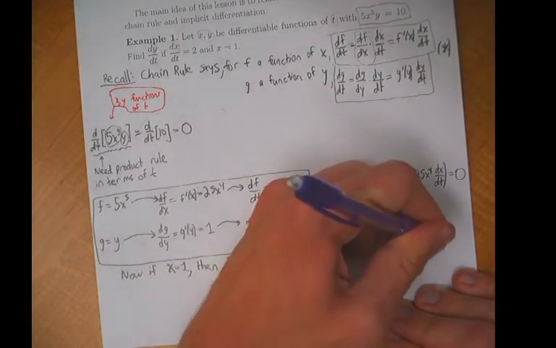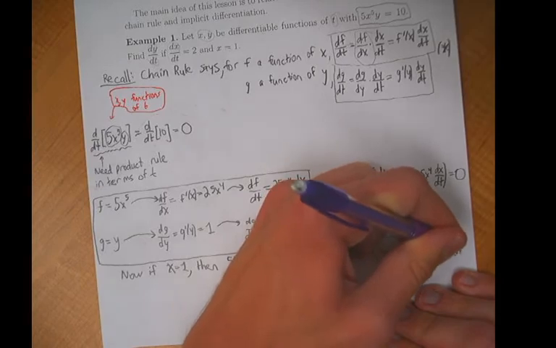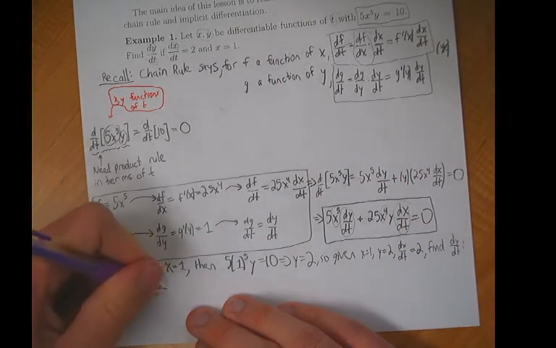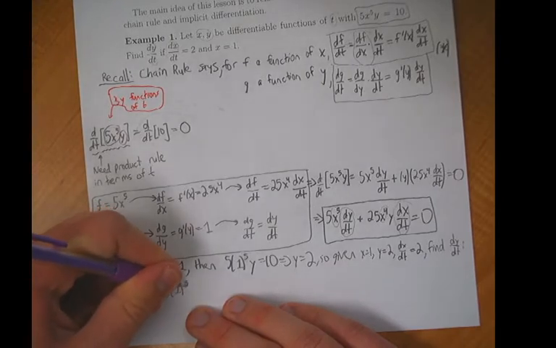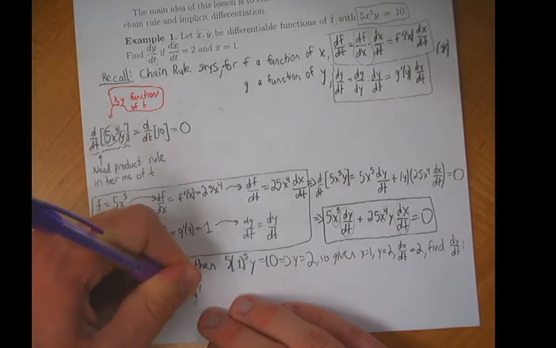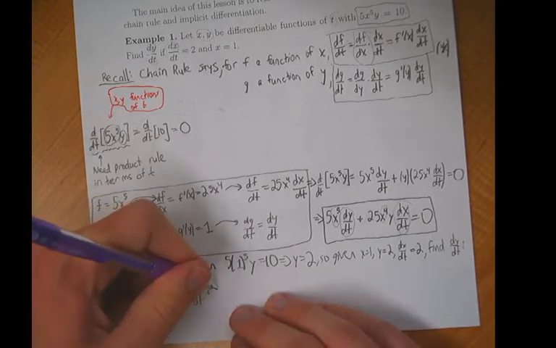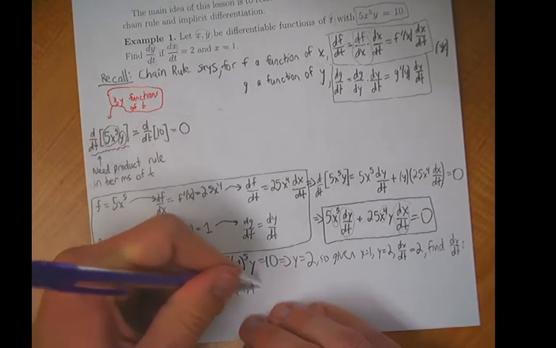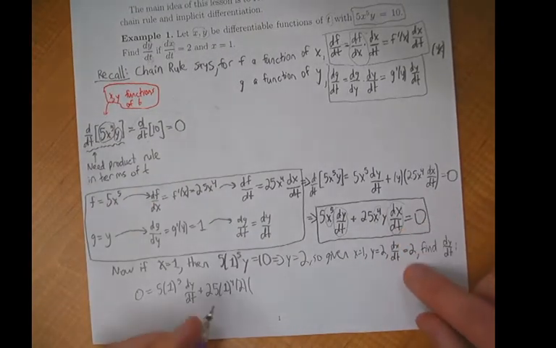So find dy over dt. So we have 0 equals, well, 5 times 1 to the fifth times dy over dt plus 25 times 1 to the fourth times 2 times dx dt, which is also 2.